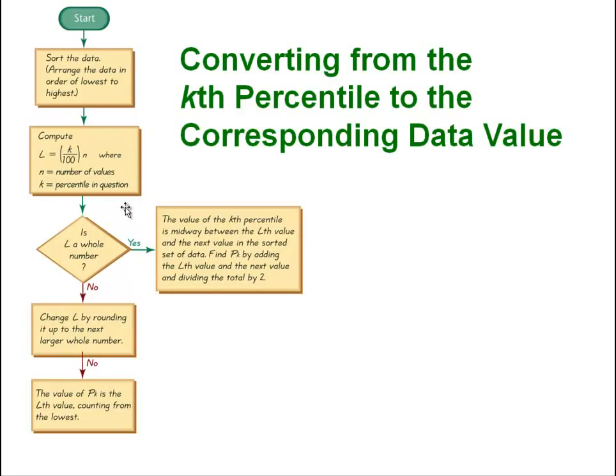Let's look at an example real quick. Let's say we have 300 pieces of data, and we're trying to find the 40th percentile.